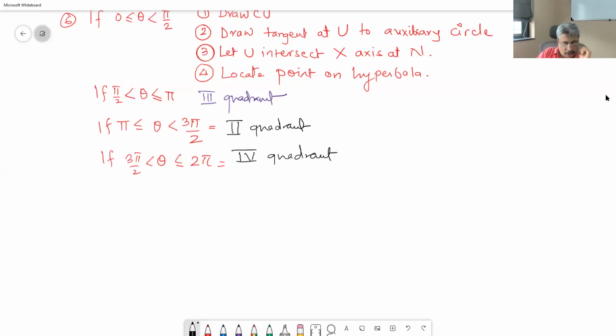Find the equation of the chord between (x1, y1) and (x2, y2).